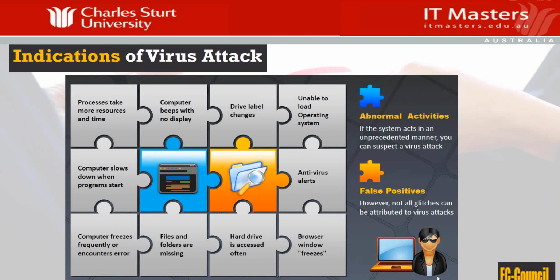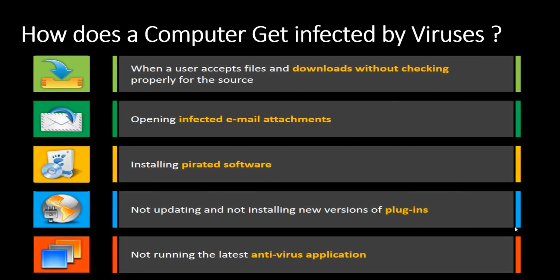Indications are your computer acts weird, and because it acts weird, it annoys you. So you have to make sure that you don't install illegitimate programs on your computers. You don't open unknown email attachments. In fact, you don't open any attachments that you don't trust. You don't install any pirated software. You keep your computer up to date.